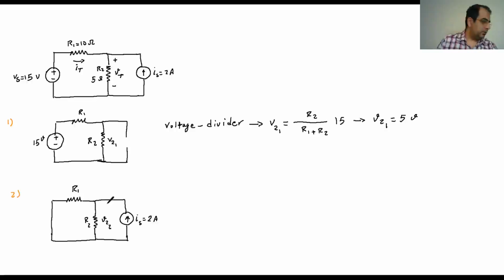So now I want to solve this circuit. If you look at this circuit, again, it's a very simple circuit. Look at the R1.